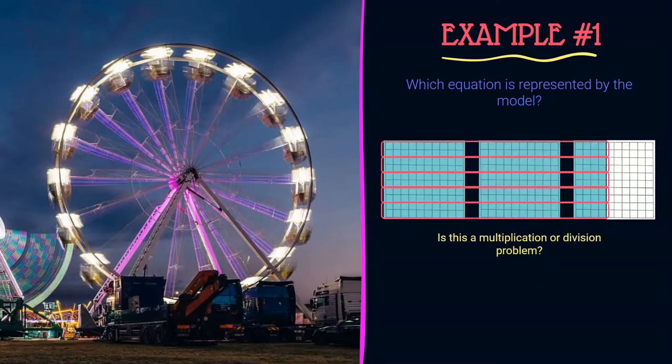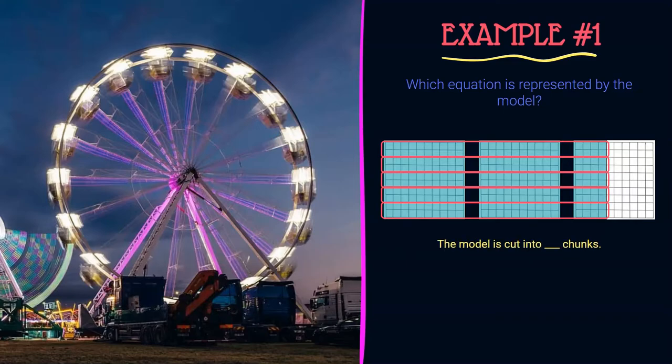All right, so let's go back and now put those red boxes back in and ask ourselves, is this multiplication or is this division? Well, this is definitely a division problem, because we can see that they've taken that blue area and they've divided it into 5 sections. So, again, because it's broken up into chunks, it's a division problem.